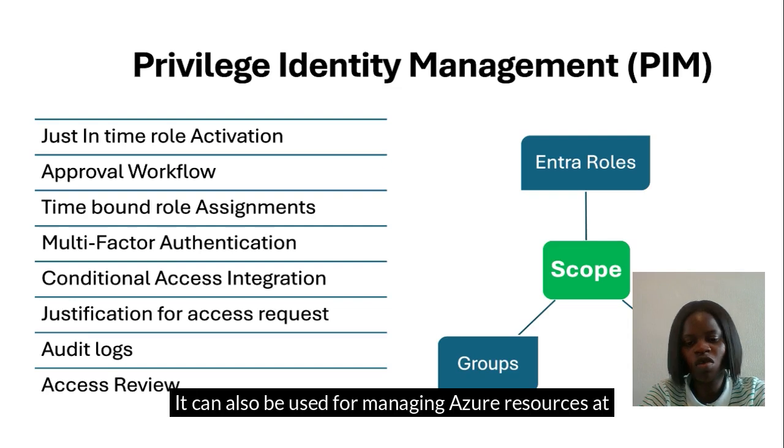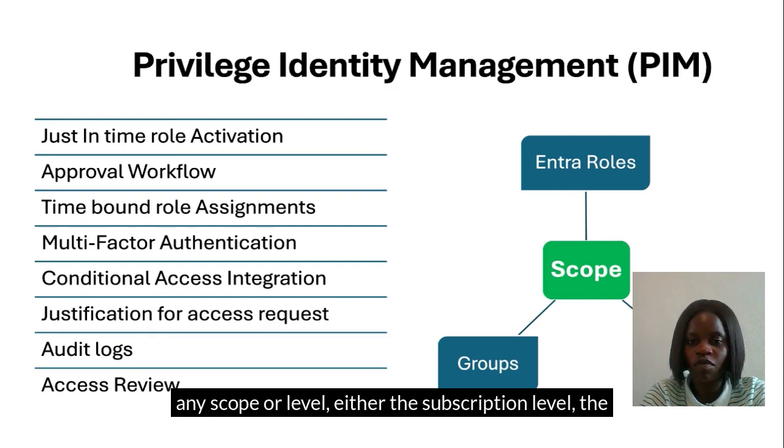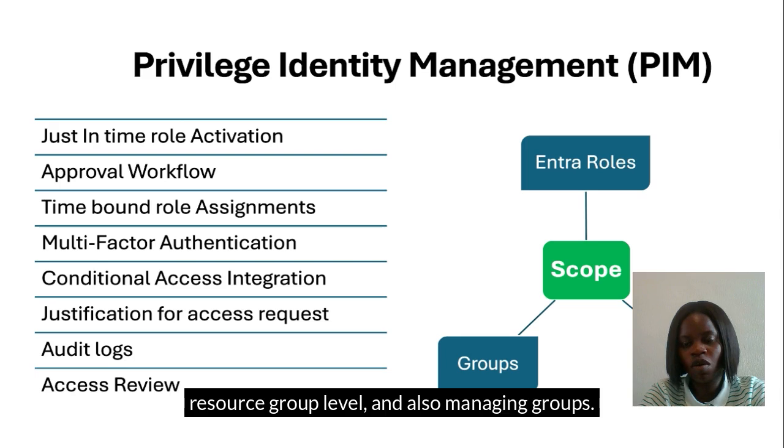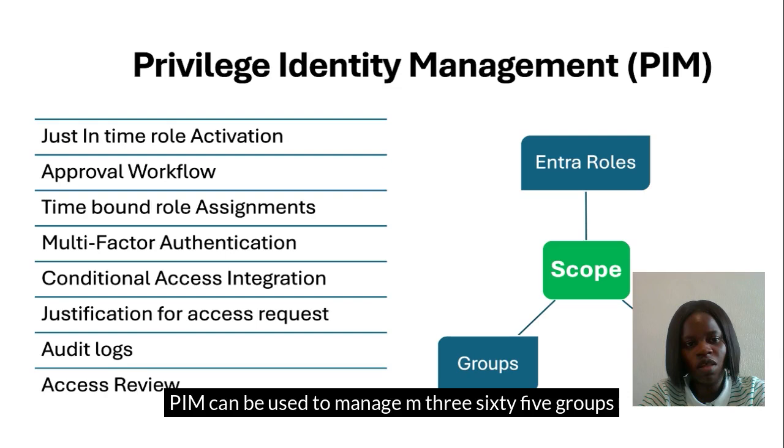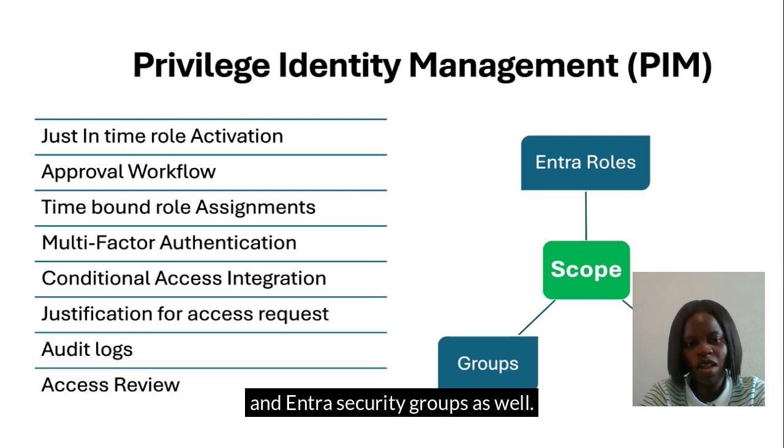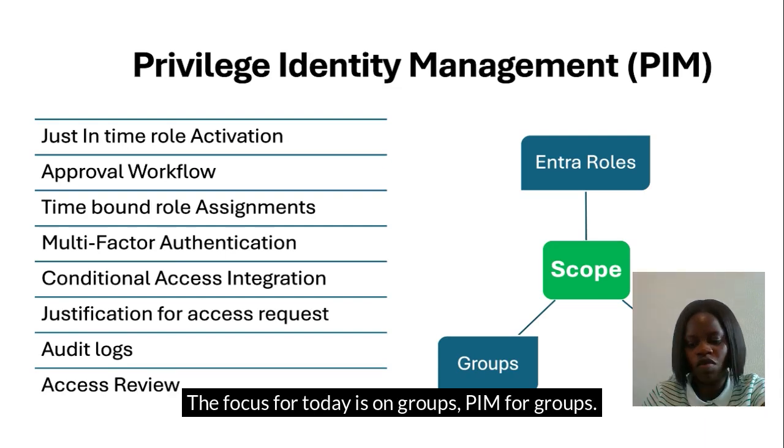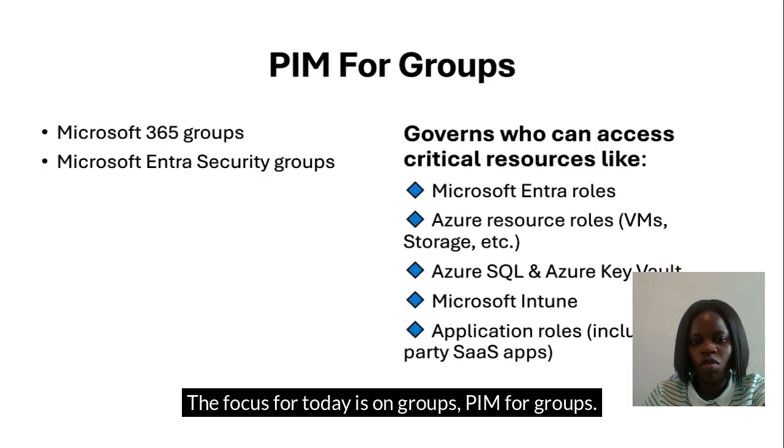It can also be used for managing Azure resources at any scope or level, either the subscription level or the resource group level, and also managing groups. PIM can be used to manage M365 groups and Entra security groups as well. The focus for today is on groups, PIM for groups.